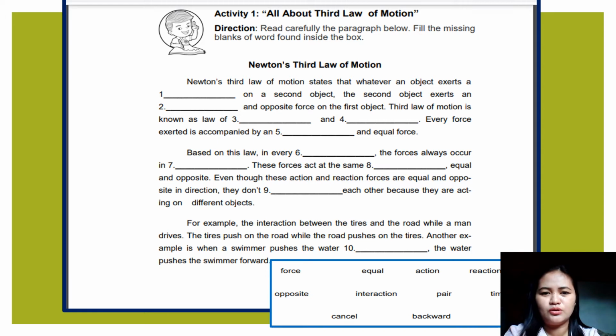The third law of motion, sabi sa number 3 and 4, is known as law of every force exerted is accompanied by an, pag sinabing an, the answer will start from a, e, i, o, u. Kasi gumamit siya ng an.